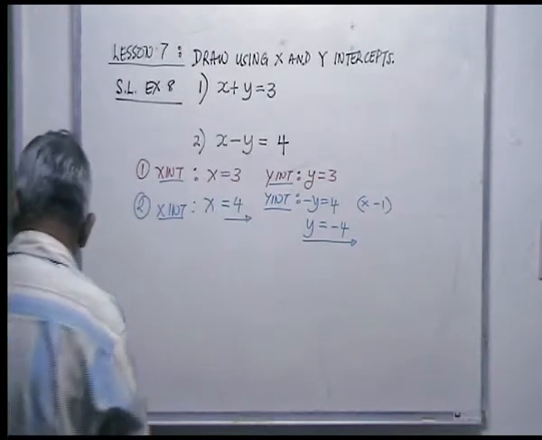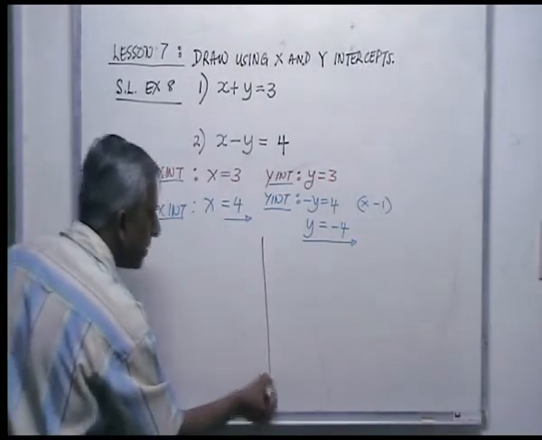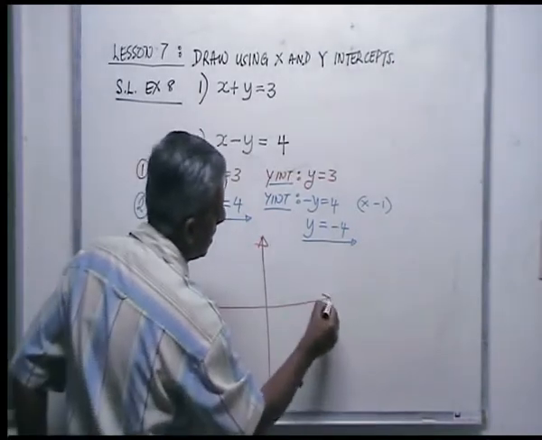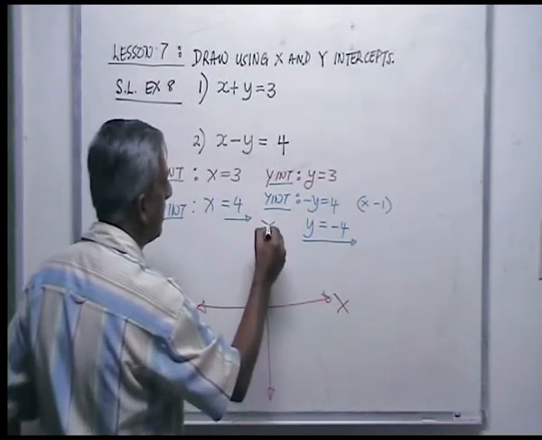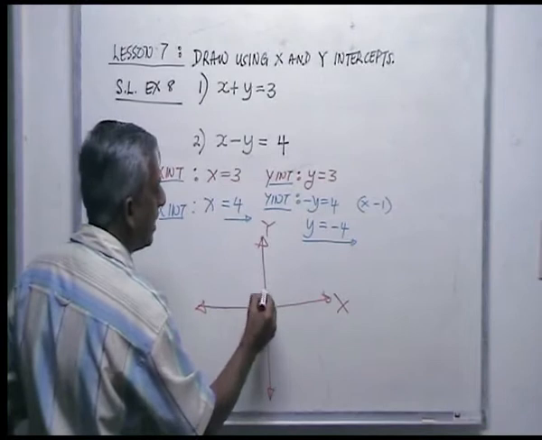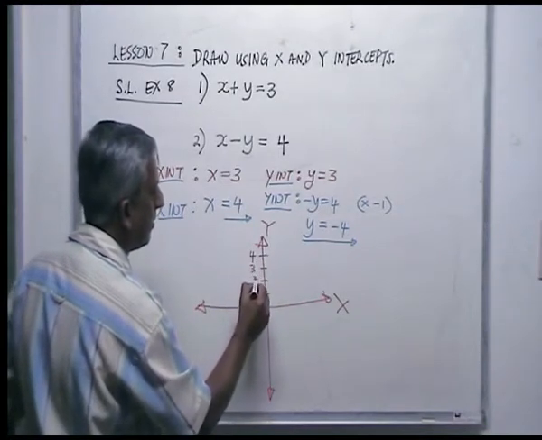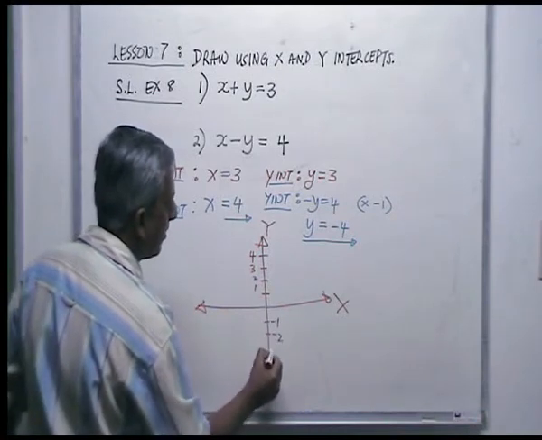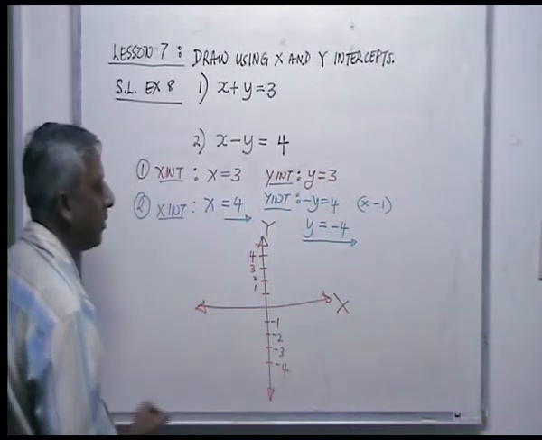Okay, now we can draw these graphs. We're going to draw the graph, we're going to do a rough sketch. Here's your y-axis, here's your x-axis, there's your x, there's your y, right? You need 1, 2, 3, 4. You need minus 1, minus 2, minus 3, minus 4.